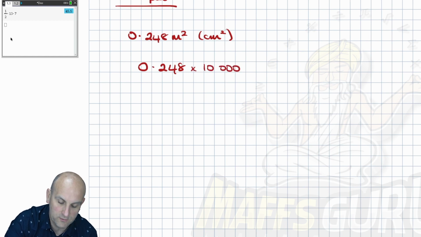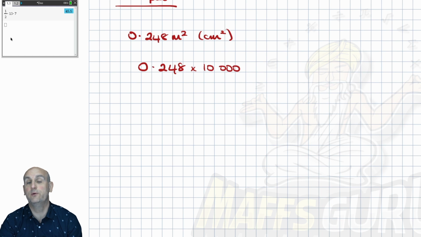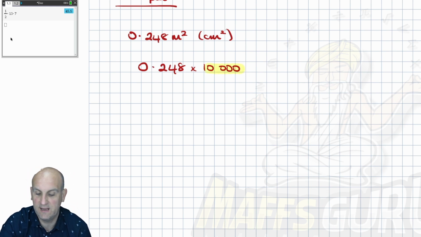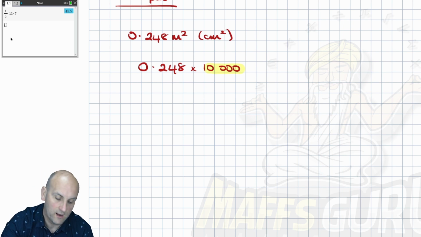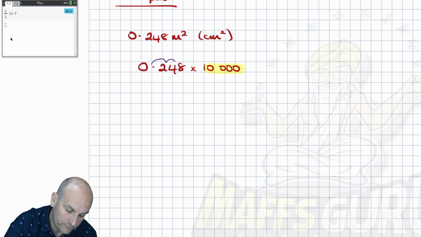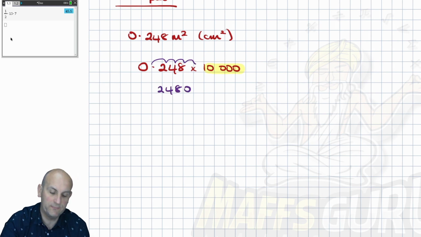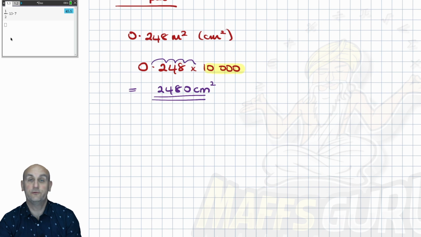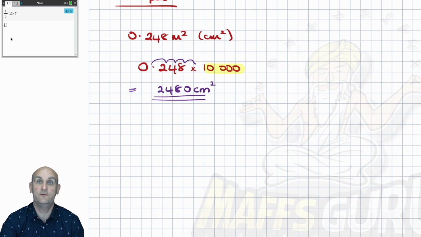I know that when I multiply, I move my decimal point to the right, and I move it by that many places. And because I've got 4 zeros, I am going to bounce it 1, 2, 3, and over a missing number. So there's the 2, 4, and 8, and it's jumped over nothing. And so I now know that that is going to equal 2,480 centimeters squared.